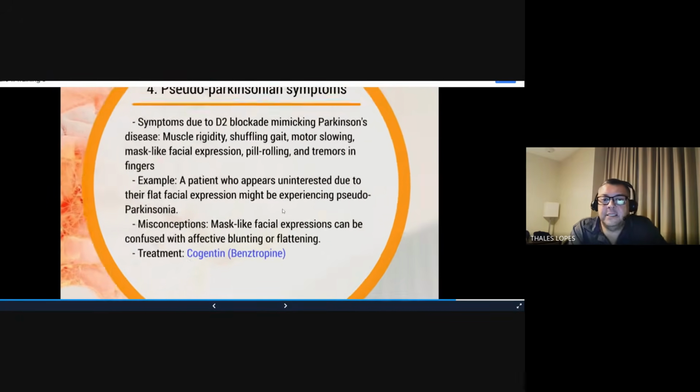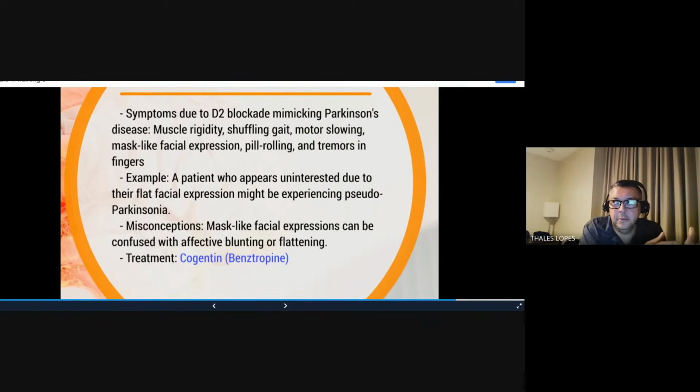Now, pseudoparkinsonism. Remember again, the problem here is that it looks like true Parkinsonism: muscle rigidity, shuffling gait, can't move much, mask-like facial expression, pill-rolling tremors in the fingers, right?